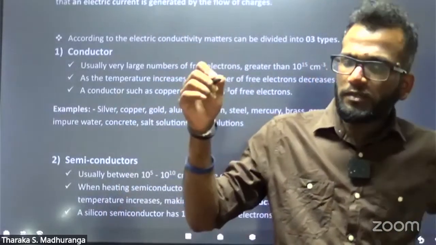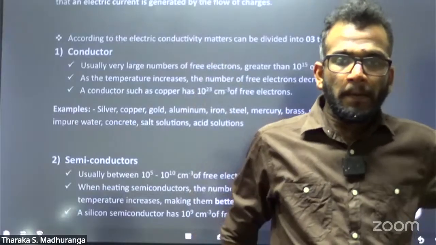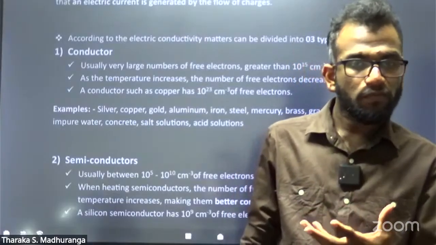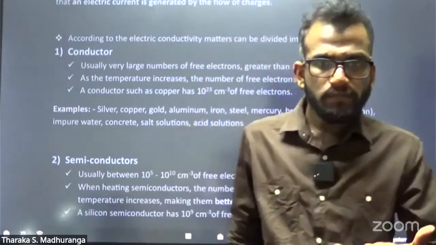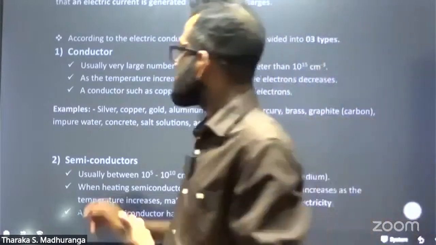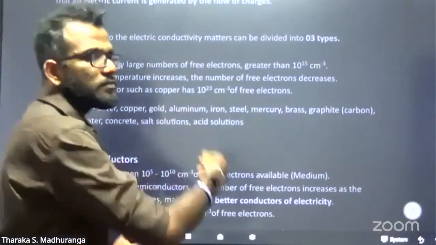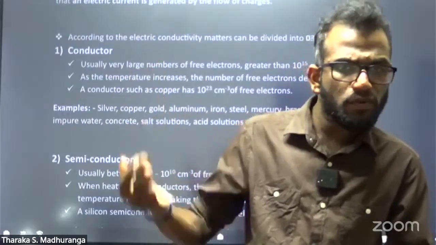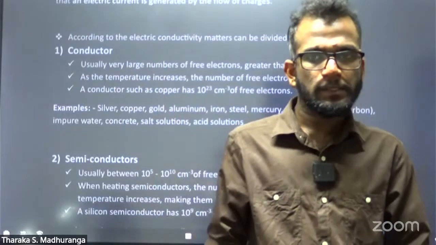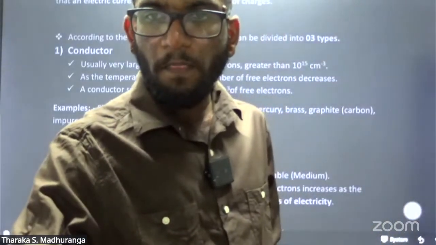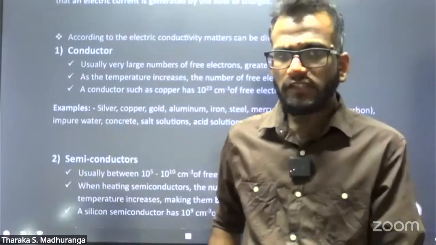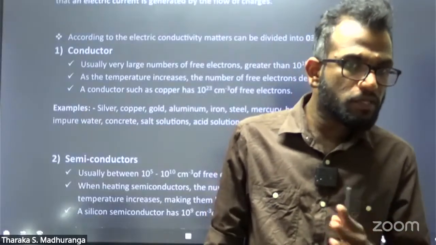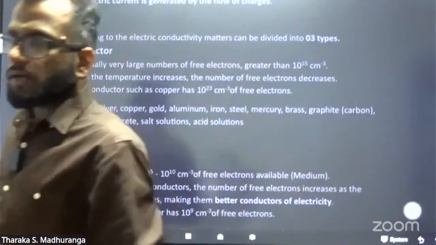When the temperature increases, what happens to conductors? Is the conductivity increasing or decreasing? What do you think? When the temperature of a good conductor like copper increases, copper, silver, aluminium are good conductors, is its conductivity increasing or decreasing? What do you think?